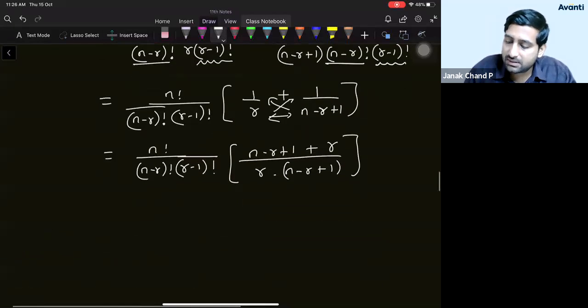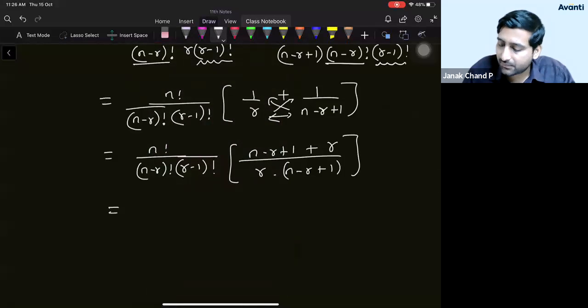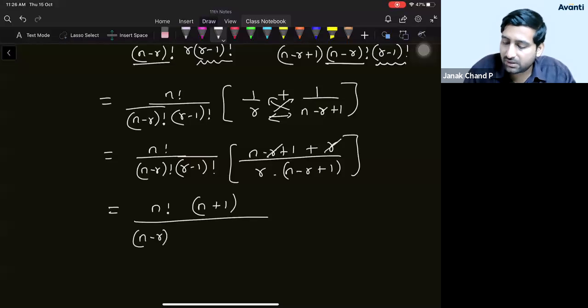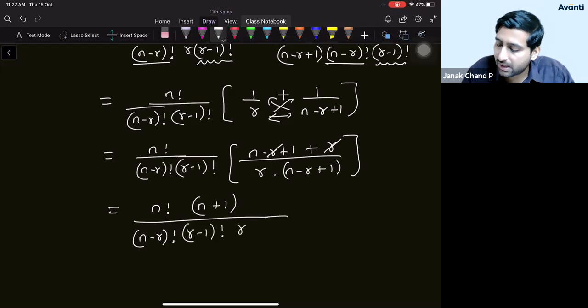Now finally, students, here r and r will get cancelled out. In the numerator I will get n factorial into n plus 1, and in the denominator we have n minus r factorial. Remember, all these things are in multiplication, right? In the numerator, this is in multiplication with this, and this is just n plus 1. So in the denominator we have n minus r factorial, r minus 1 factorial into r, into n minus r plus 1.